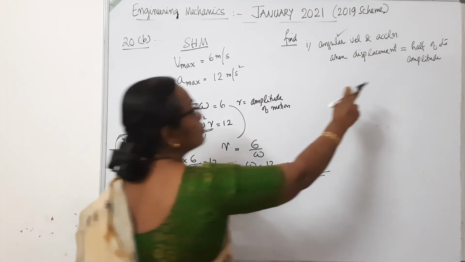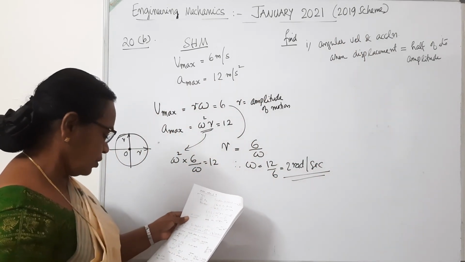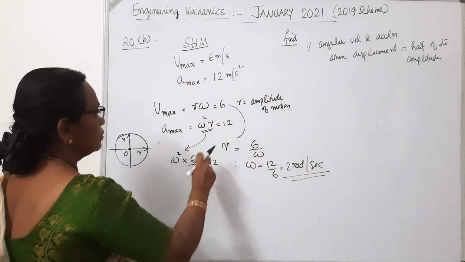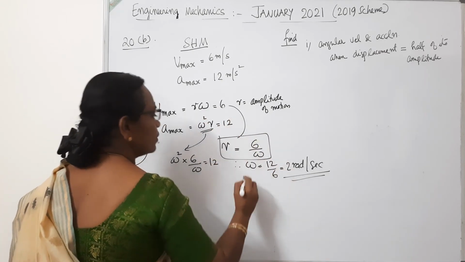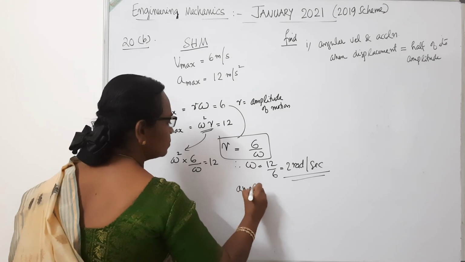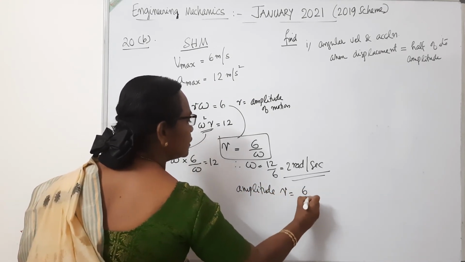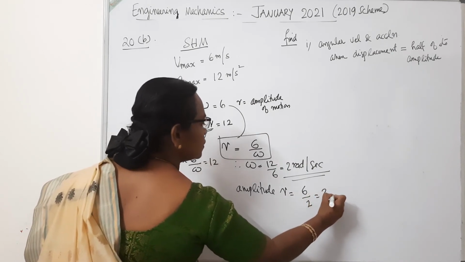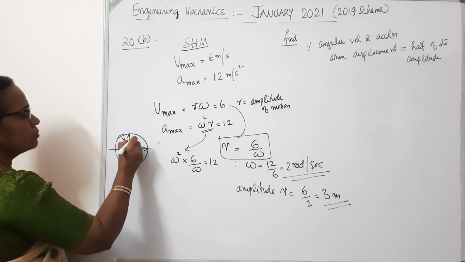From r is equal to 6 by omega, we get the amplitude r is equal to 6 by 2, 3 meter. So the amplitude of this motion is 3 meter.